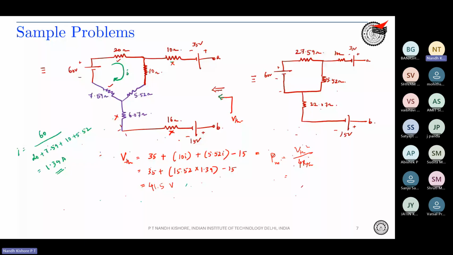Are you getting this? Is this understood like how we are doing? So 41.5 square divided by 4 into, we found out that the R Thevenin is 42 ohm in the previous problem. Therefore, the answer is 41.5 square divided by 4 into 42. I am getting around 10.3 watts.